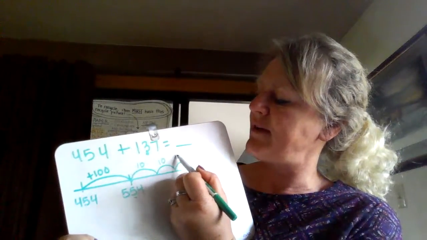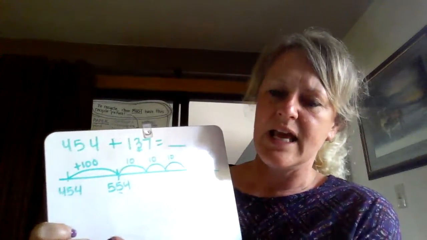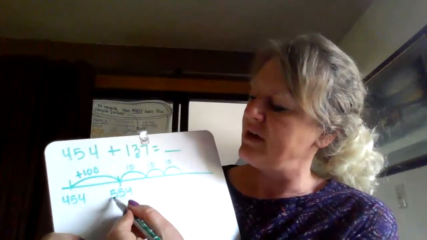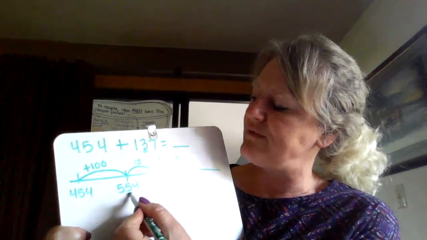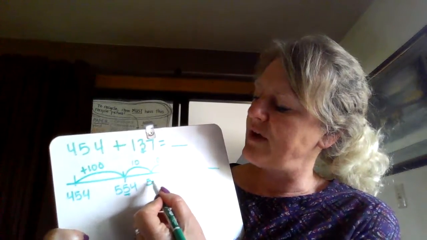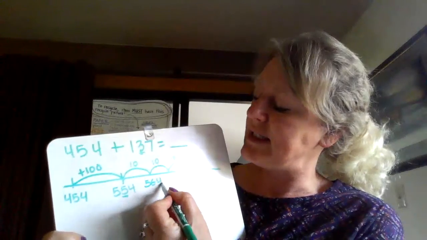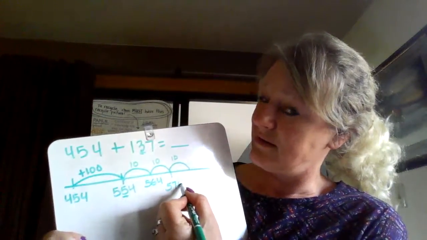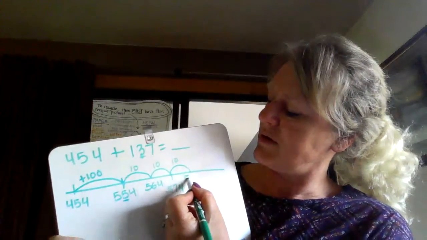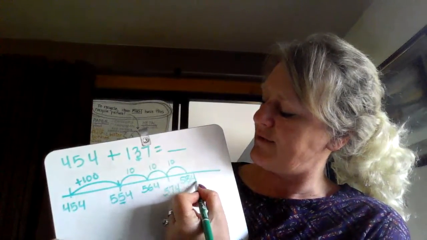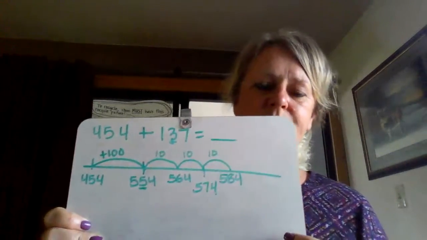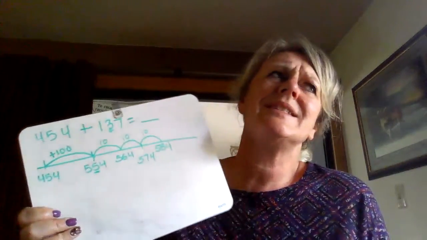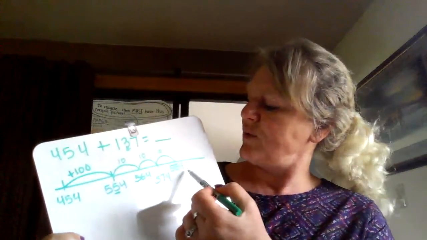If I don't do this, I might forget that I'm doing 3 tens and only do 2 tens, and then that's not going to be an accurate number. 554, 564, 574, 584. Awesome. So now I have 7 ones to add.